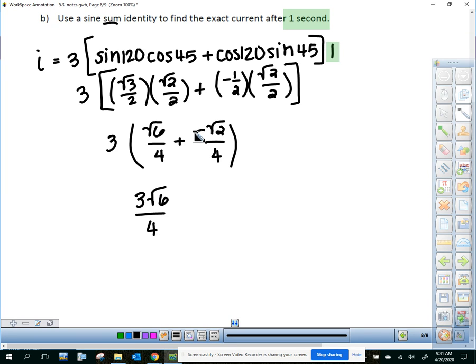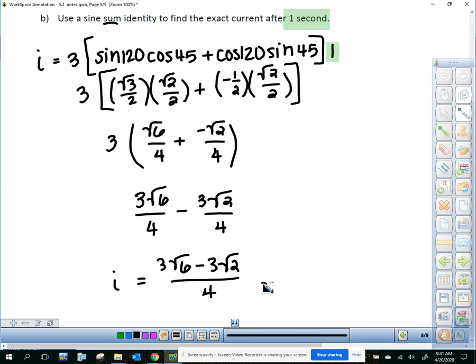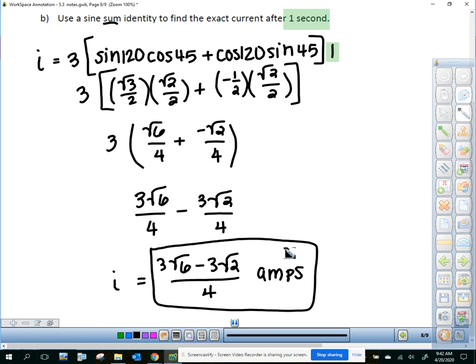And we know that plus a negative just becomes minus, right? Now I can combine those to a single numerator over this common denominator. I can't simplify any more than that, and the unit of measure was amps. So that's the number of amps used after 1 second.